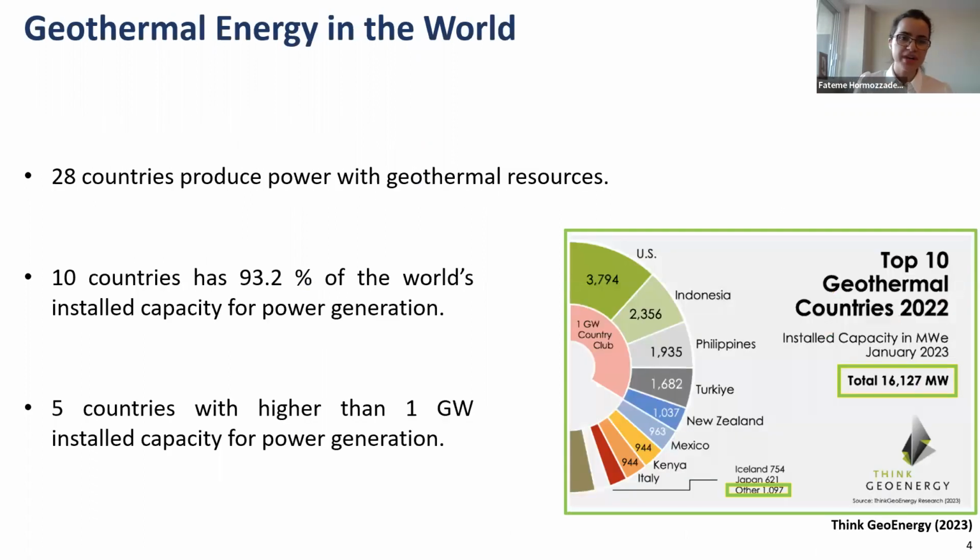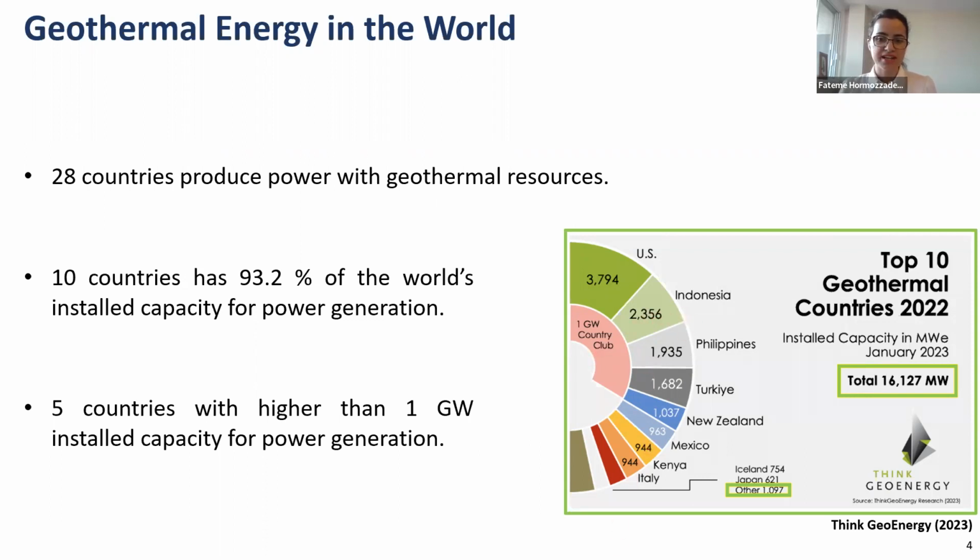So 28 countries now produce power with geothermal energy. These charts show the top 10 countries with installed capacity of power generation by the end of 2022. It's the most recent one and is changing each year. We see that a large portion of the total belongs to these 10 countries, and more than one fifth of the whole belongs to the US.